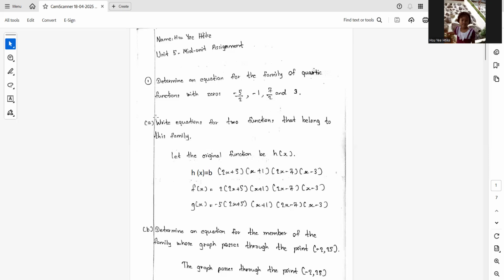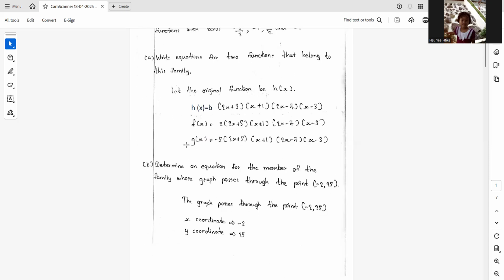The two functions that belong to this family would be f of x and g of x, where f of x is equal to 2 times (2x plus 5)(x plus 1)(2x minus 7)(x minus 3), and g of x is equal to -5 times (2x plus 5)(x plus 1)(2x minus 7)(x minus 3).